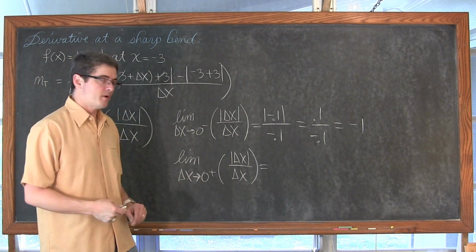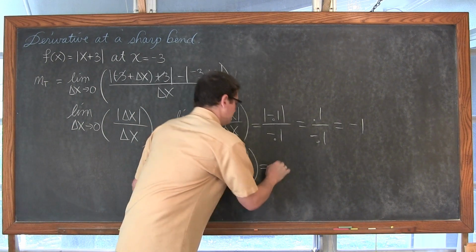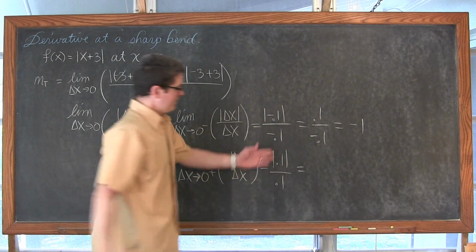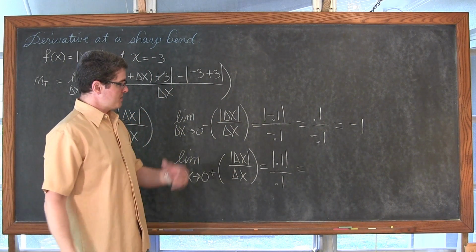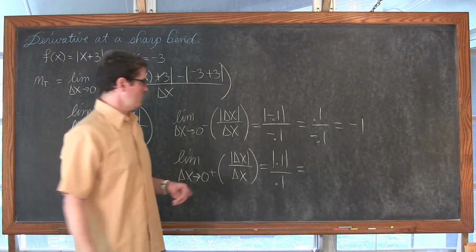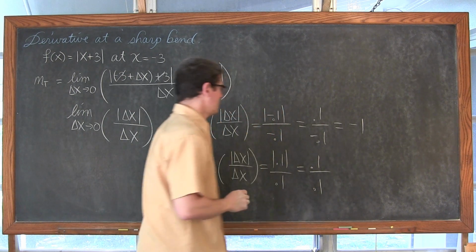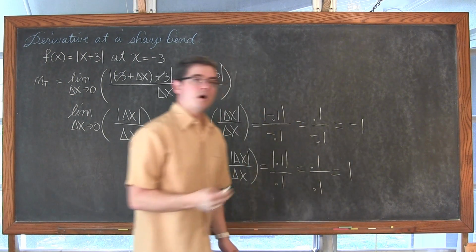I'm going to go just to the right of 0 and use positive 0.1. Well, the absolute value of that positive 0.1 is going to keep it as 0.1. And that is equal to 1.